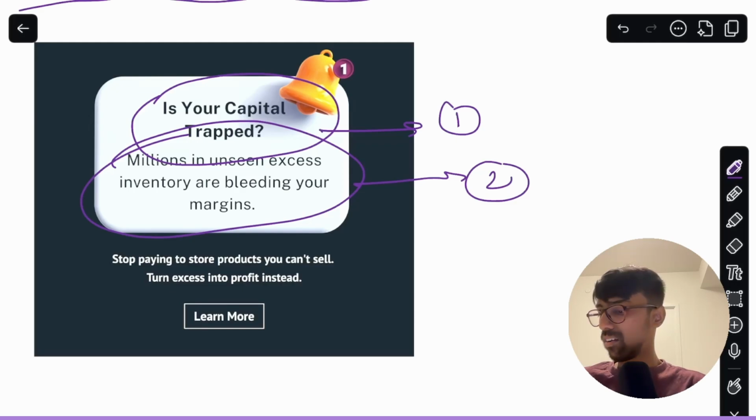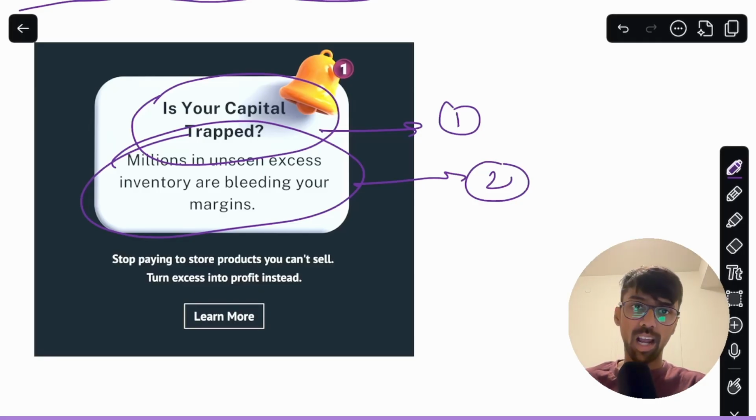And this visual is very simple. It's not a description of the features of the software that they're offering. It's made to make you stop because it's making your vulnerable margins and capital, your unseen expenses visible.